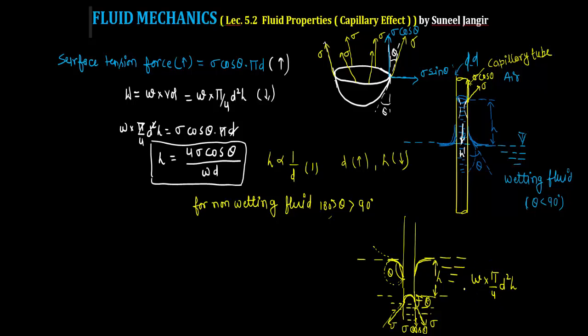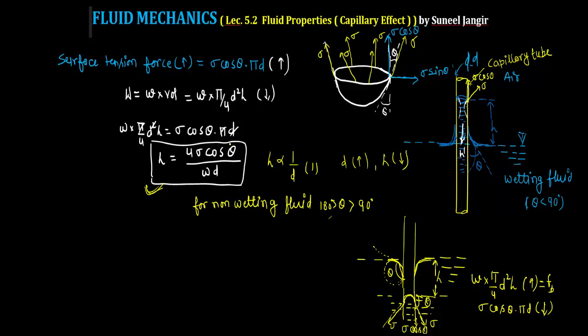Again we get the same thing, but this force acts in the upward direction because this is the buoyant force, and the force sigma cos theta pi d acts in the downward direction, and they counter each other. So for the equilibrium state, again we get the same formula.